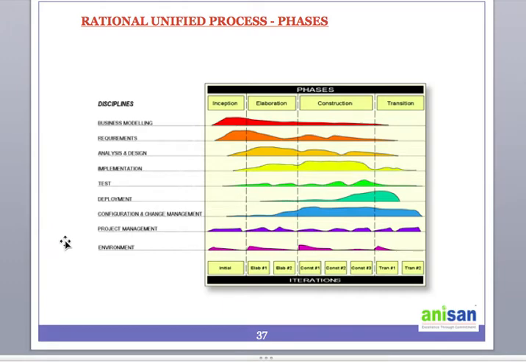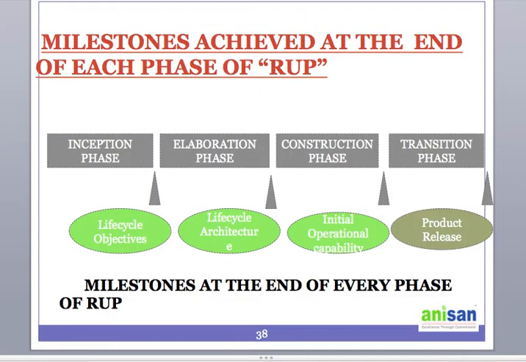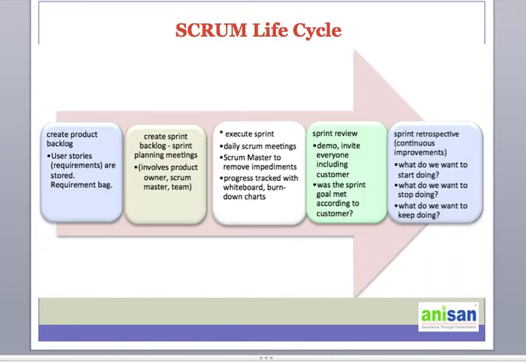This is how the RUP looks: inception, elaboration, construction, transition, and the milestones in RUP: life cycle objective, life cycle architecture, initial operational capability, product release. And this is how Scrum looks: product backlog, sprint, execute sprint, sprint review, and sprint retrospective.